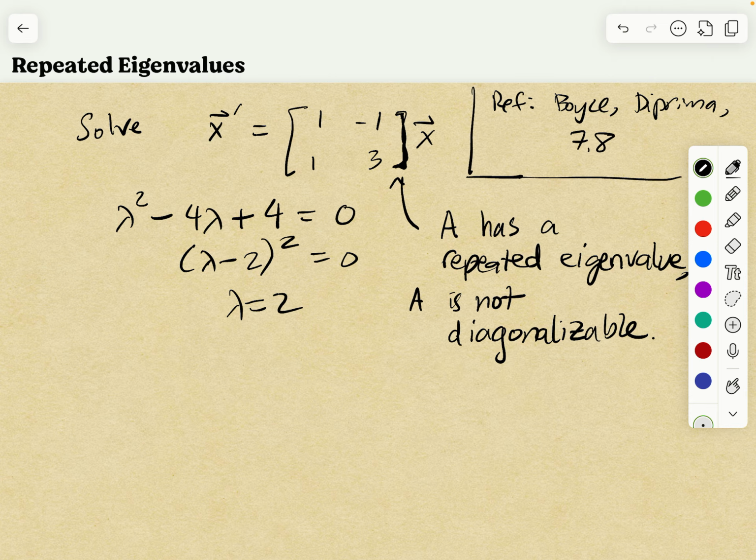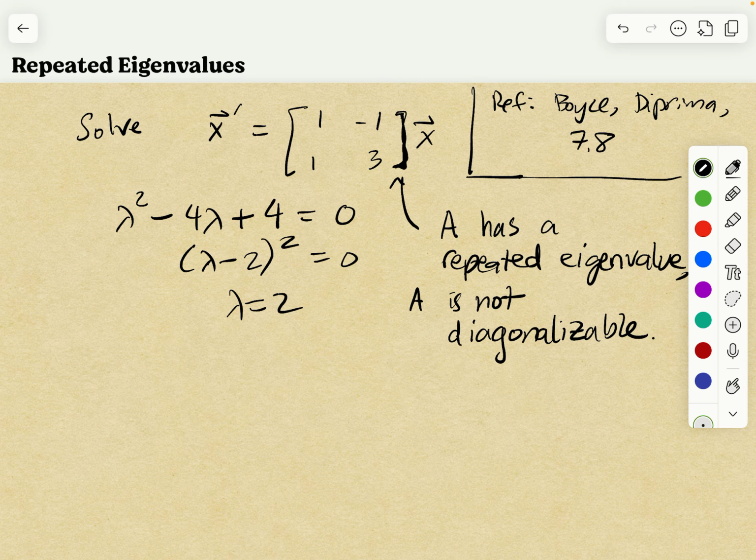If there was a basis for R^2 consisting of eigenvectors, say v1, v2, two independent vectors, then A v1 would be 2 v1 and A v2 would be 2 v2. Then A multiplied by any vector in R^2 would be 2 times that vector, and the only matrix that does that is the diagonal matrix with diagonal entries 2 and 2.